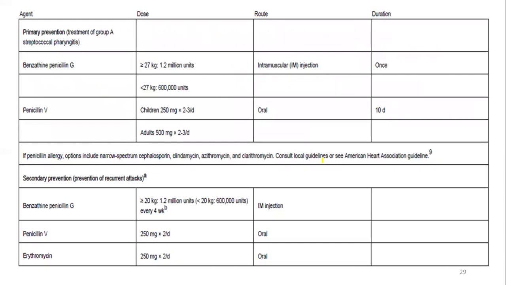Then this is a summary of the dosing schedule of this drug. You can see if the weight of the patient is above 27 kg, we can use 1.2 million. This is just a start dose. If it is less than 27 kg, we can still use a start dose.